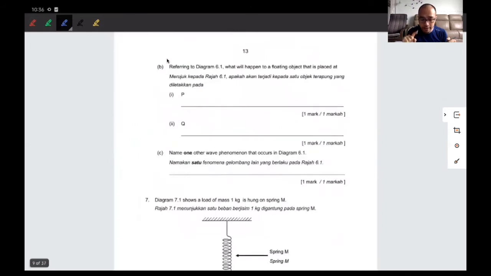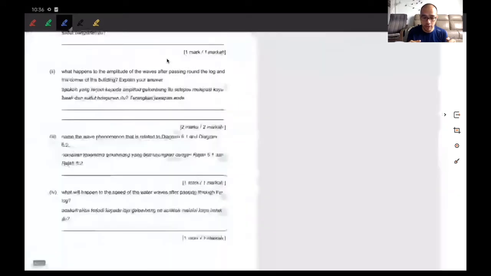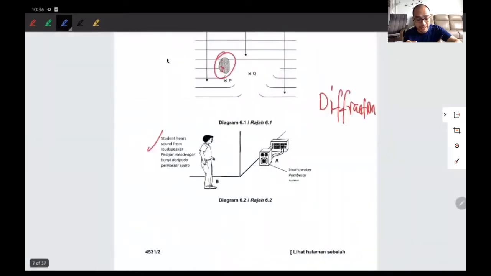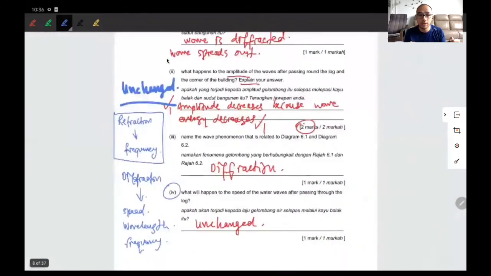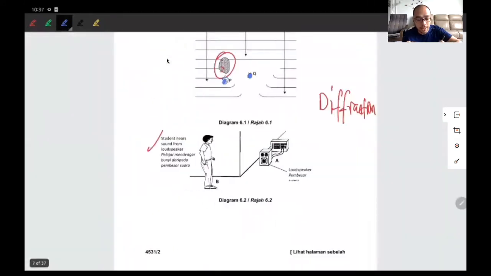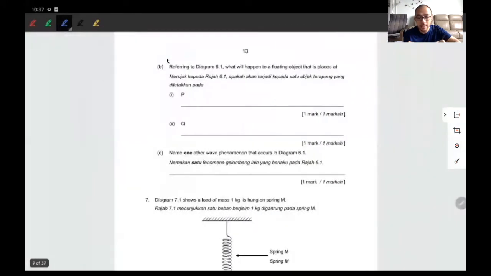All right, referring to diagram 6.1, what will happen to the floating object that is placed at P? If you put a floating object at P, since there is a wave over here, the object at P will oscillate because there are waves there.